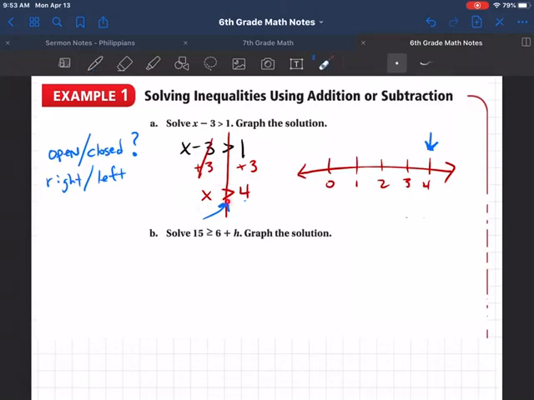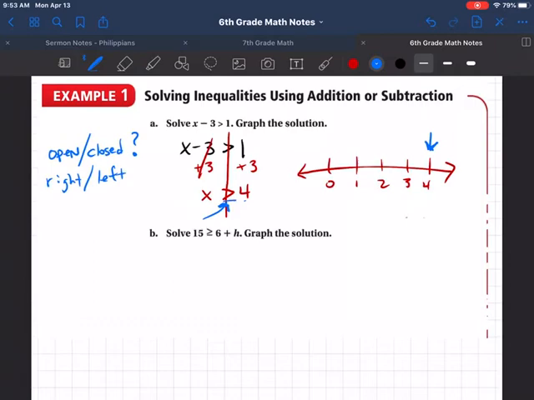We have x is greater than, so does it go right or left? It goes right, greater than. Numbers to the right are greater than numbers to the left, right? 4 is greater than 3, 3 is greater than 2, 2 is greater than 1. As you go right, it gets bigger. You knew that, hopefully. If not, then glad we reviewed that.